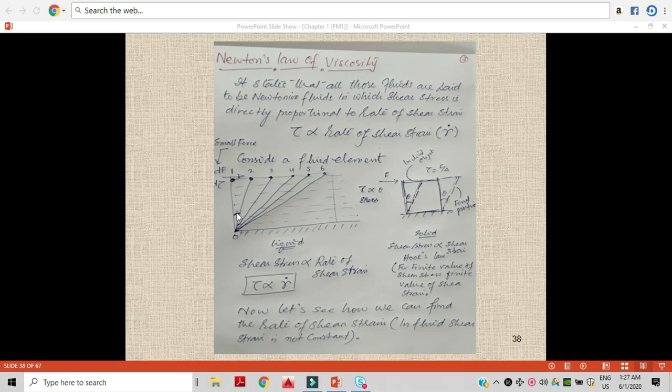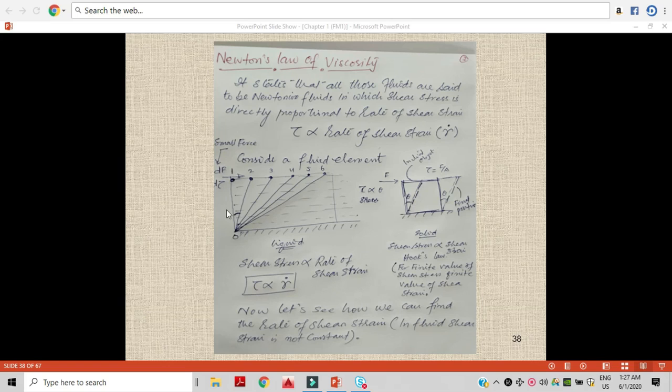So we don't know the strain, but we can find the rate of strain, at what rate the fluid is deforming. So here Newton gave a concept that we cannot find the strain, but we can find the rate of strain. He gave a concept that shear stress is directly proportional to the rate of shear strain in the fluid.